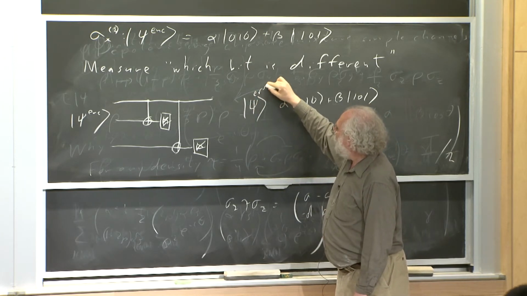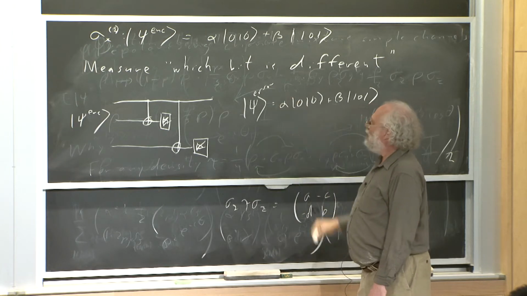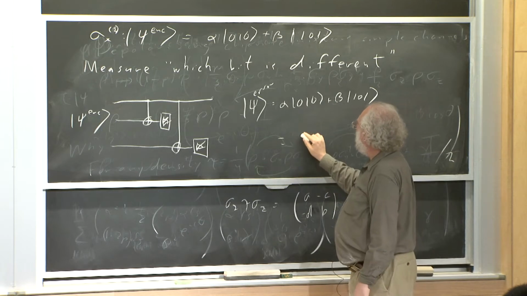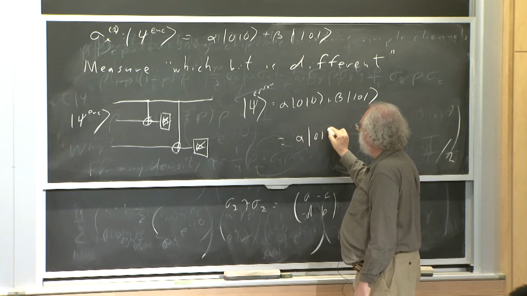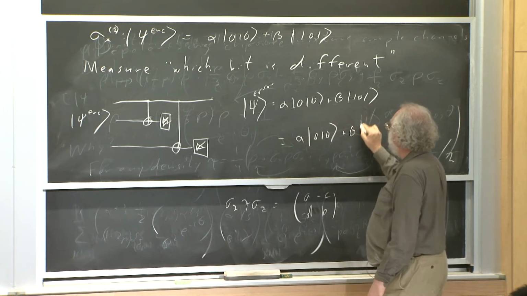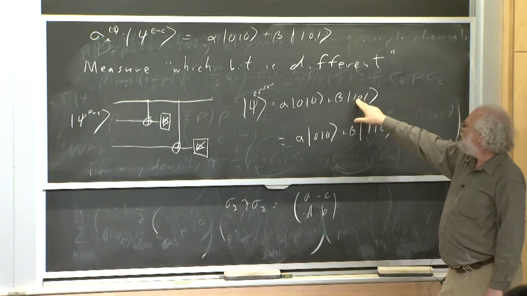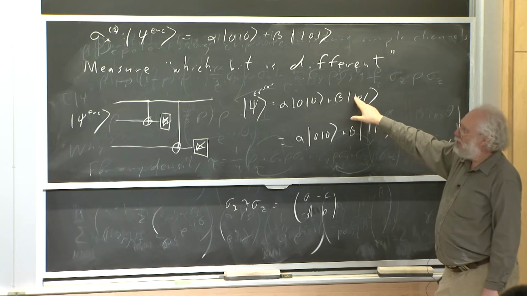When you put it into that circuit, you get out alpha 0, 1, 0 plus beta 1, 1, 0, because you're doing a control not from the first guy to the second and from the first guy to the third.